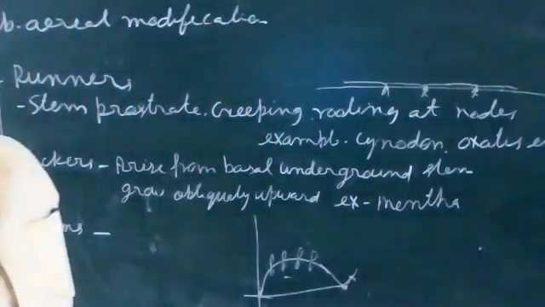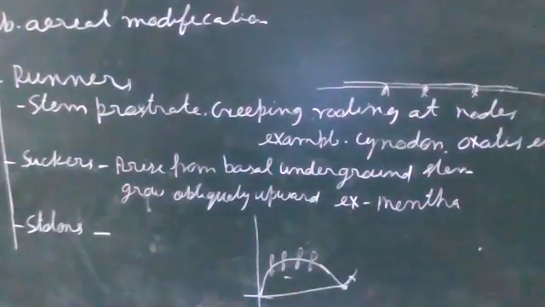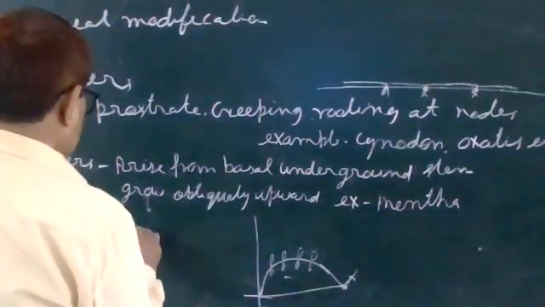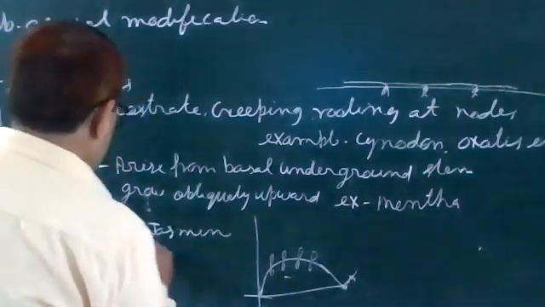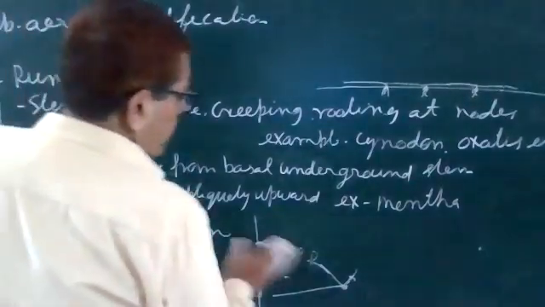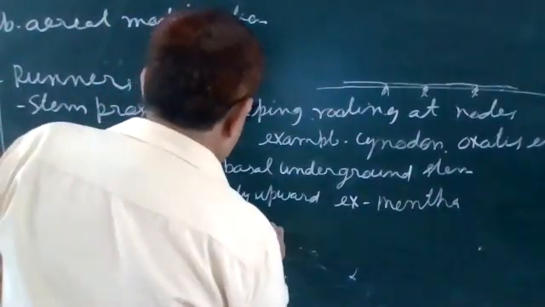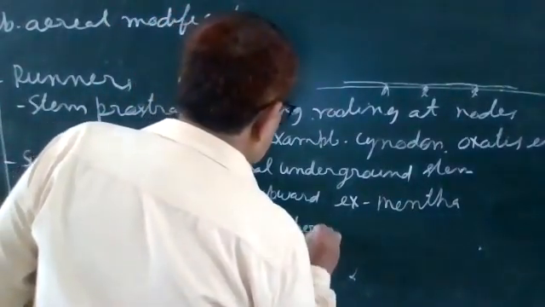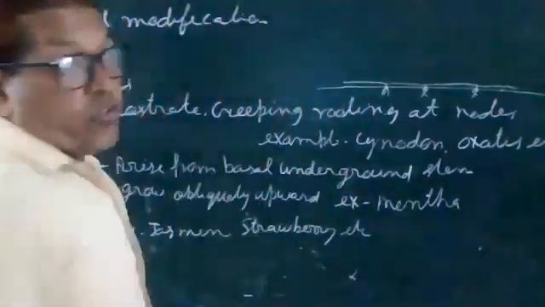This is called the stolon. Examples are jasmine, strawberry, etc.